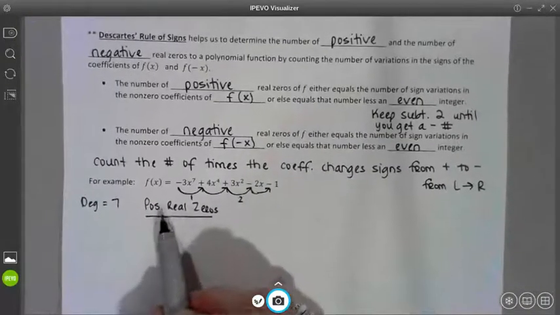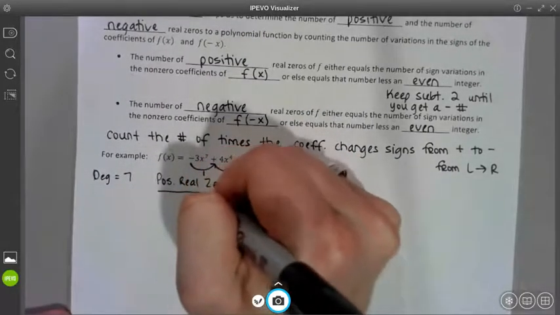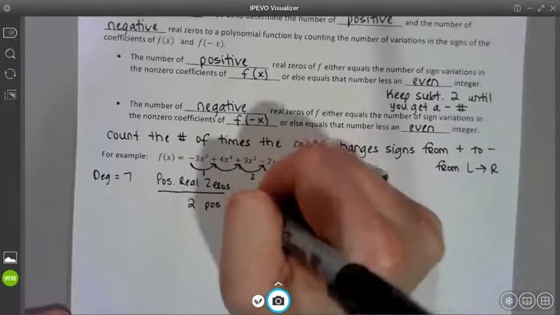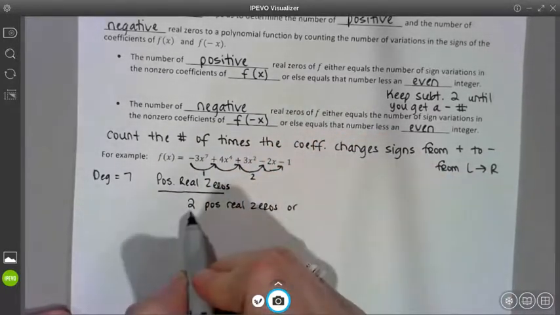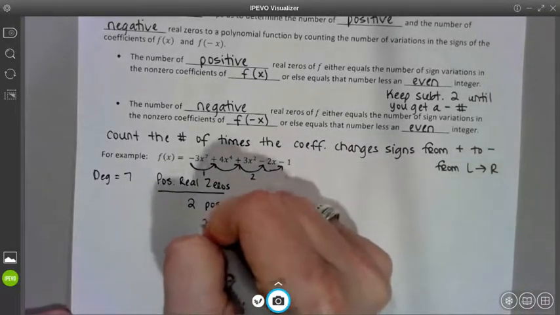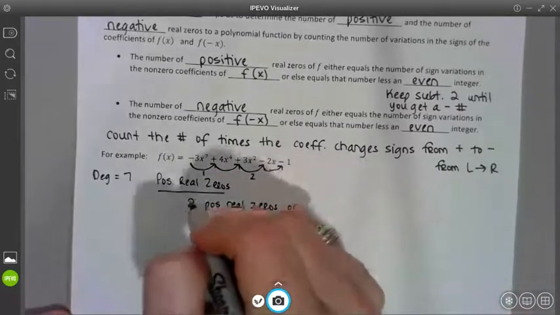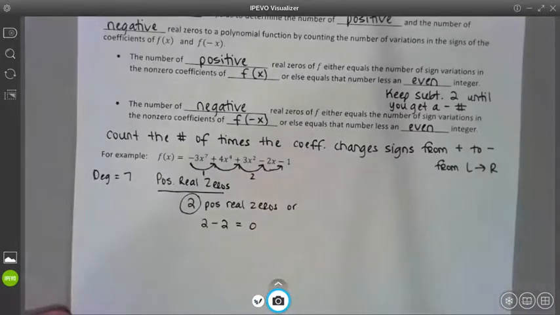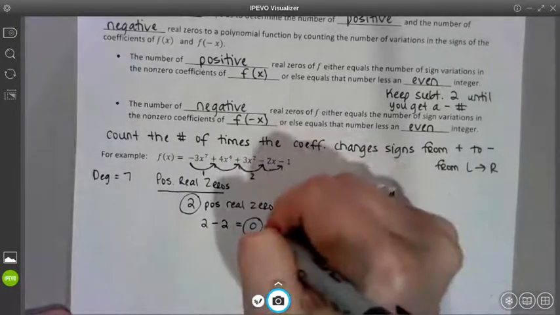So that means the number of real zeros is going to equal 2 positive real zeros, or take this number 2 and start subtracting 2 from it. So 2 subtract 2 equals 0. So we know there's going to be 2 positive real zeros or 0 positive real zeros.